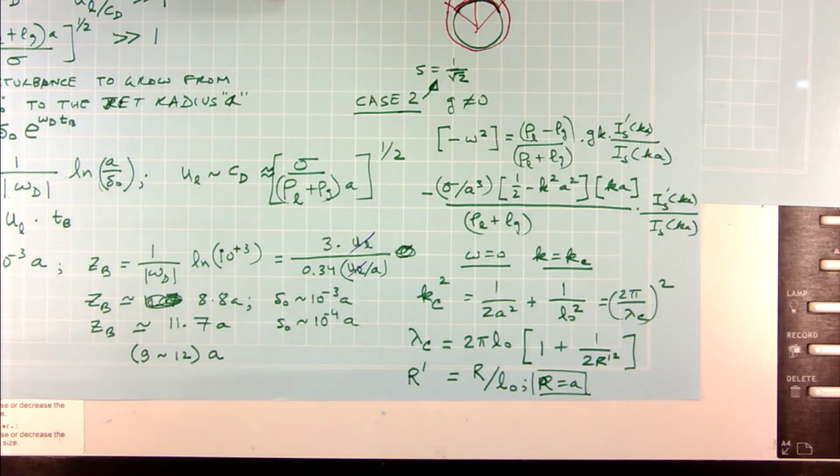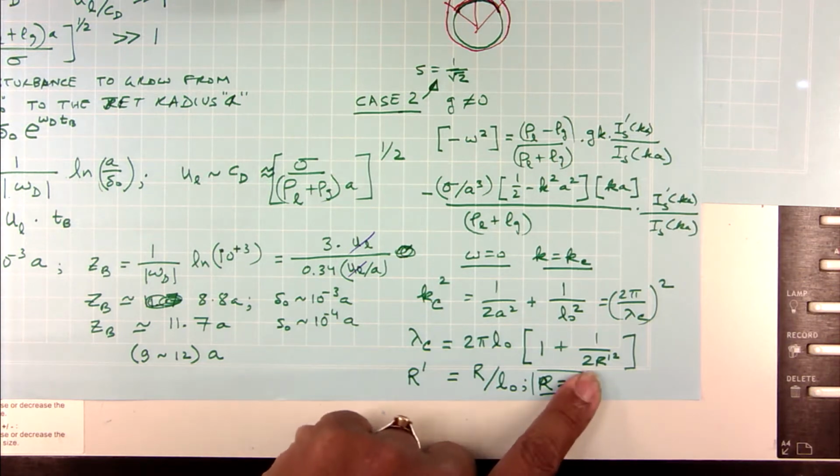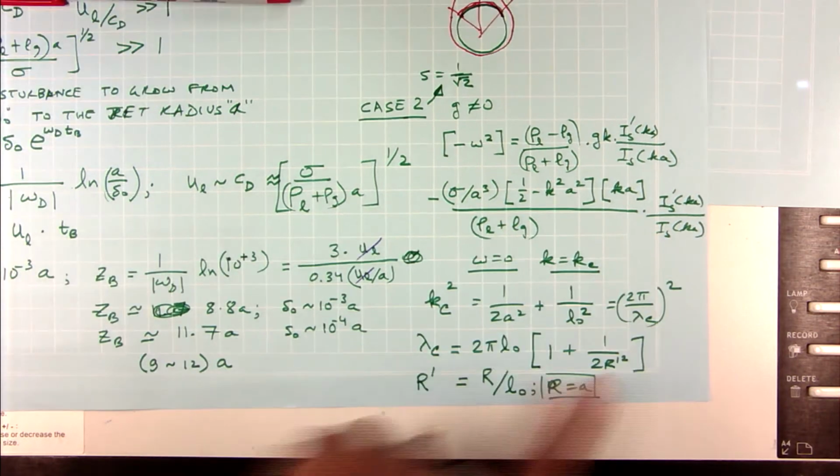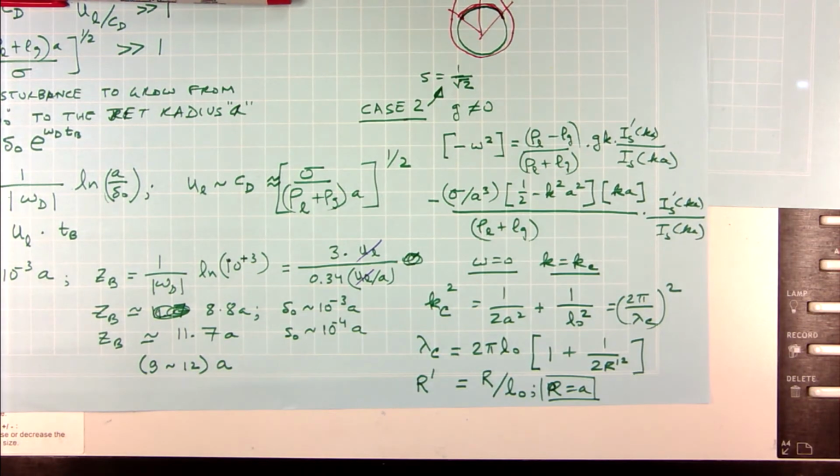But what if it is a thin wire? Then this is a big number. In other words, your lambda c will become larger as you start shrinking the diameter of your heater. In other words, the spacing between the bubbles will keep increasing. The diameter of the bubbles will keep increasing, and if the diameter goes up, then the frequency goes down.